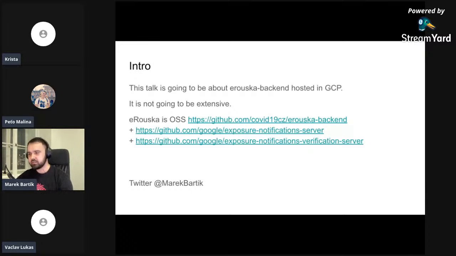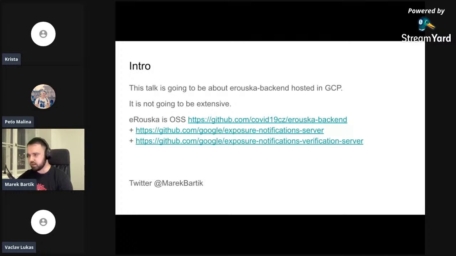You can check out eRouška, not only the application code, but also the infrastructure as code in the first repo that's mentioned there. All of this is open source. So the first repo, that's ours, and that's public as well. The second and the third repo mentioned there are the joint cooperation of Google and Apple that are doing the whole exposure notification protocol.